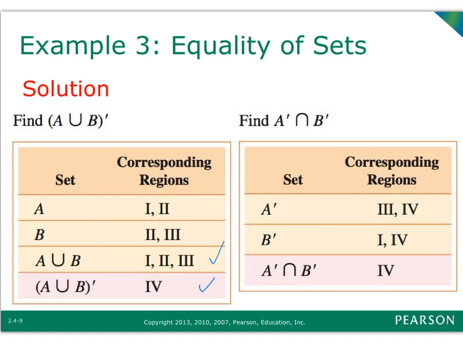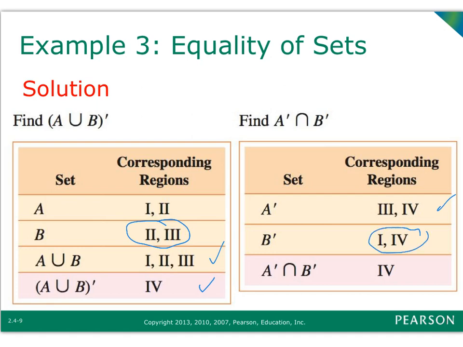Well, A complement is everything that's not in A. We see what's in A. A is 1 and 2, so A complement has to be 3 and 4. This also means that for B, B has regions 2 and 3, so B complement, not B, has got to be 1 and 4.